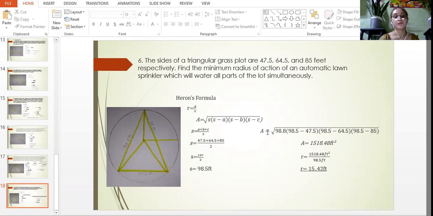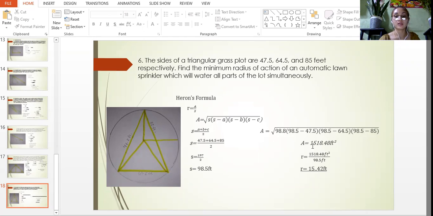So A, now we are using this formula. A is equals to the square root of 98.5 times the quantity of 98.5 minus 47.5 times the quantity of 98.5 minus 64.5 times the quantity of 98.5 minus 85.